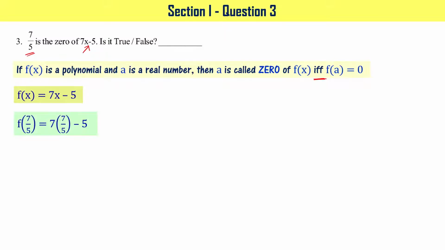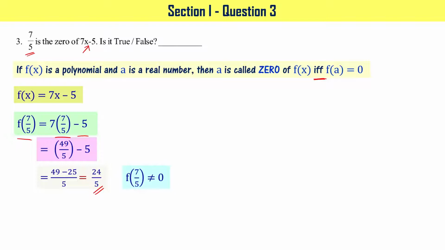It means it is going to be f of 7 by 5, that is equal to 7 times 7 by 5 minus 5. When you simplify it, you get the answer as 24 by 5. It means f of 7 by 5 is not equal to 0. Since it is not equal to 0, we can now say that 7 by 5 is not the 0 of 7x minus 5, right? So answer is going to be false.